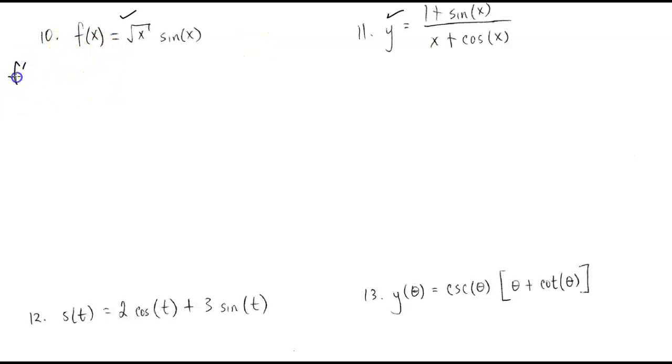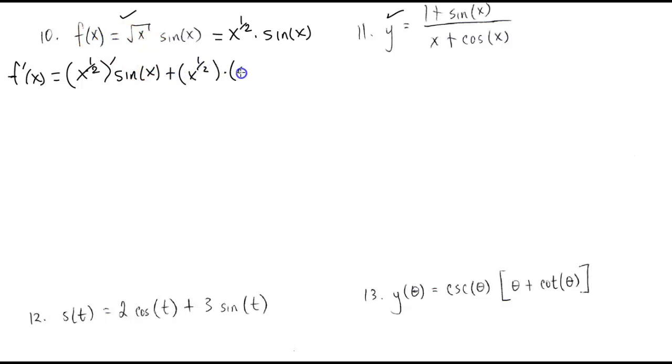So if we take the derivative here, well, first, let's rewrite this. So square root of x is just x raised to the 1/2. So that will be x raised to the 1/2 times sine. Here we would take the derivative of the first function times the second plus first function times derivative of the second.